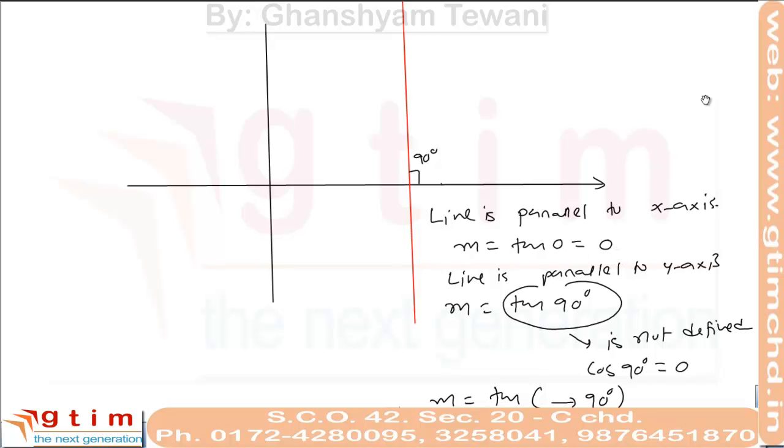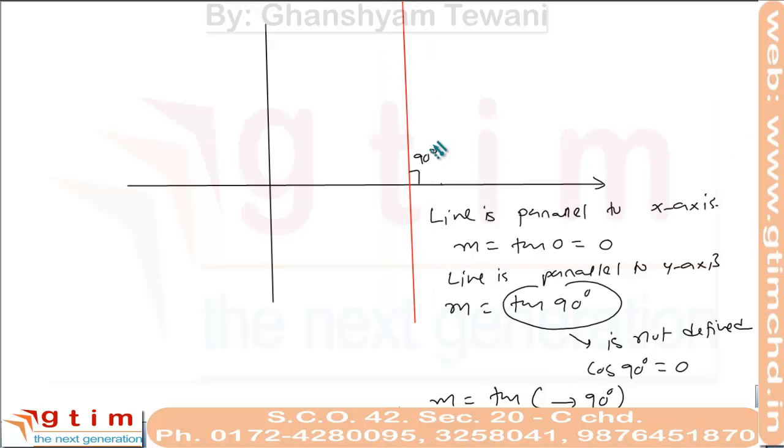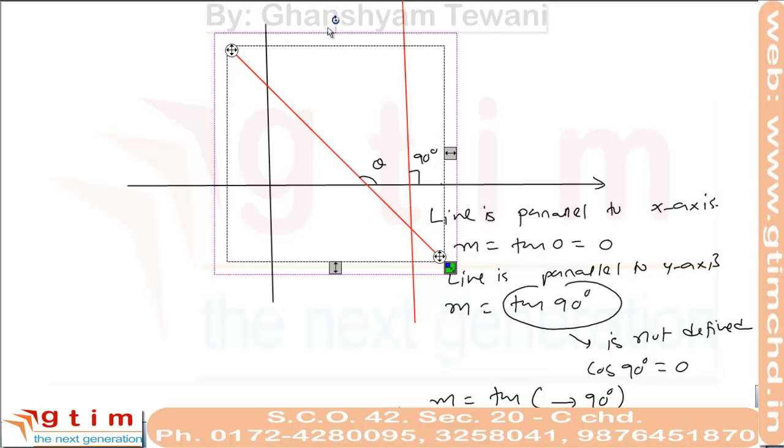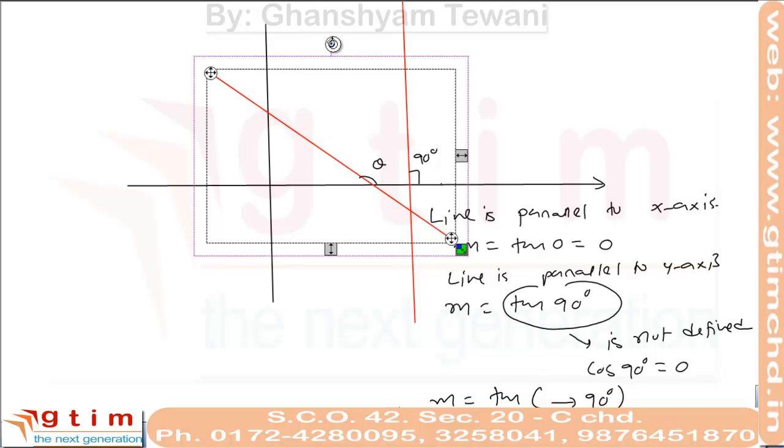x-axis, slope is 0. Now further, if the line rotates in the anti-clockwise direction, suppose the line is here. Now this angle theta with the positive x-axis is obtuse. So in this case slope is negative. If the line is rotating again, that means the line makes a more obtuse angle with the x-axis, then slope is becoming less negative.